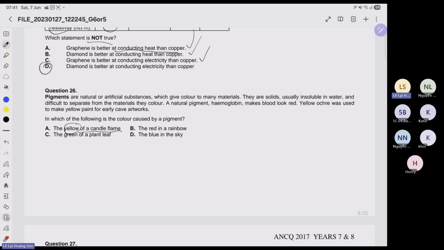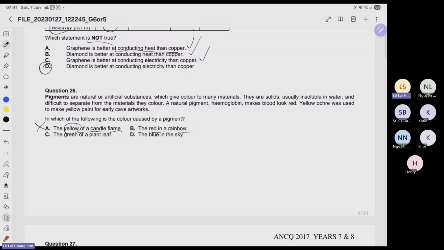The color of the flame is not the color of the object, not the color of the substance. So A is not correct. Later on, you will know that when you have a flame, you are exciting the atoms to the excited state, and when they come back to the ground state, they give you the color of light. So this is not correct.